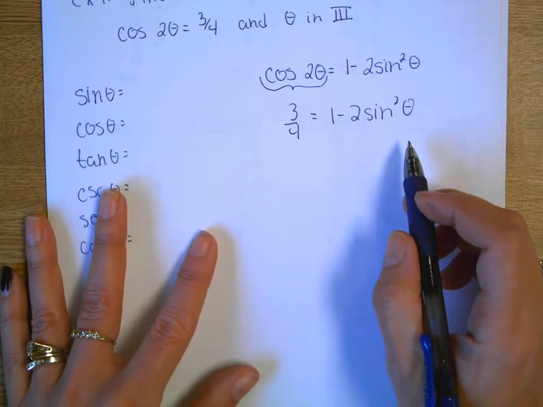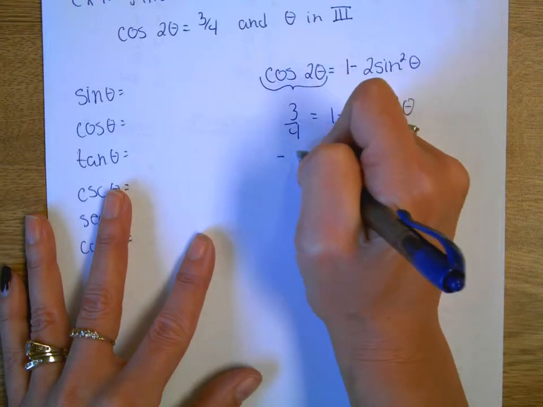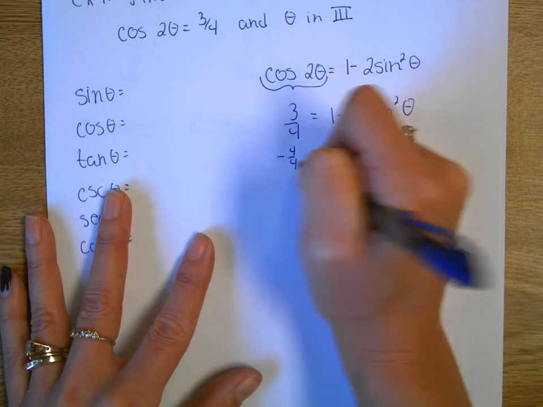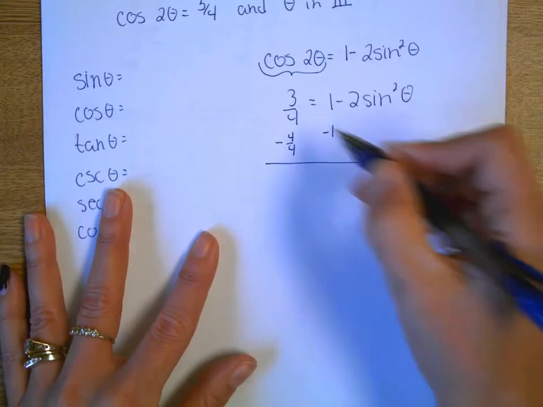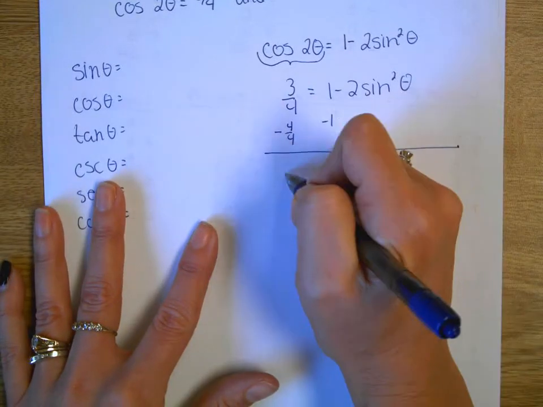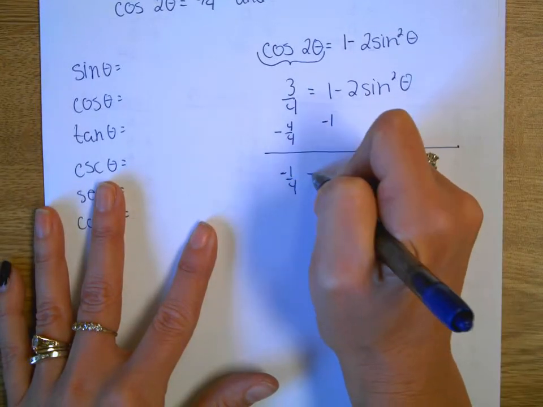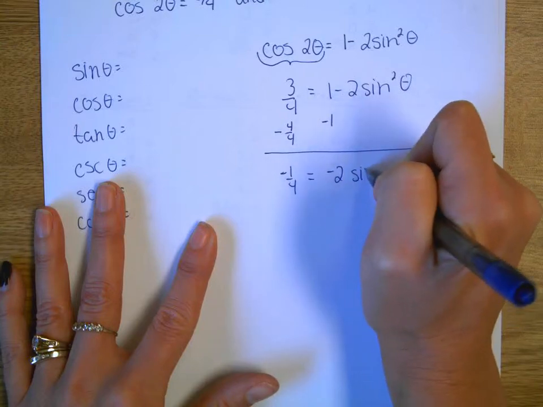So I'm just going to solve for the sine of theta. What's my first algebra step? Subtract 1. Can I make it 4/4? What's 3/4 minus 4/4? Negative 1/4. Negative 1/4 equals a negative 2 sine squared.